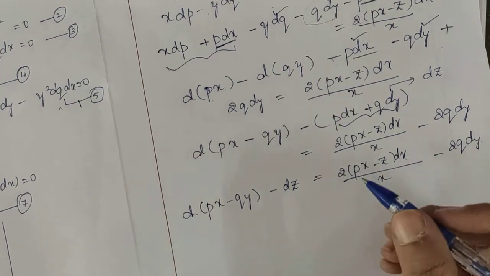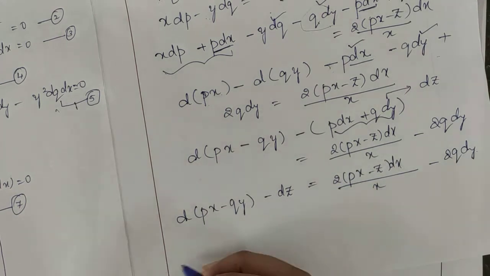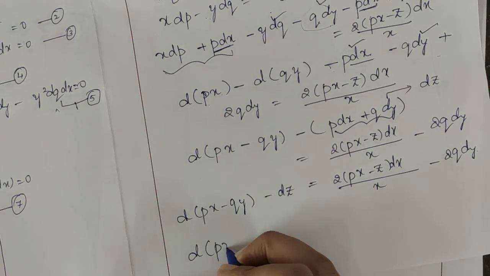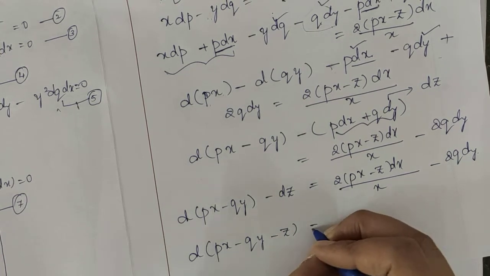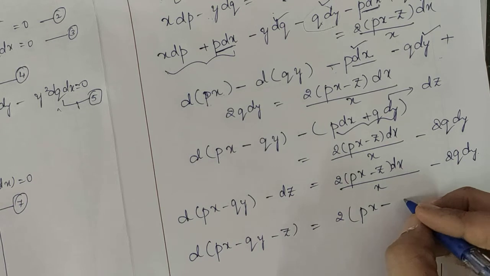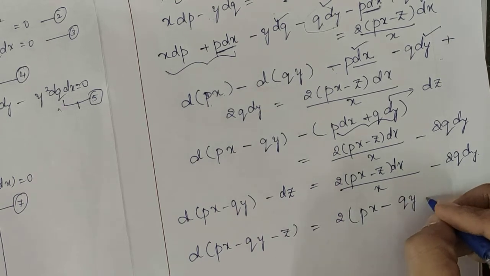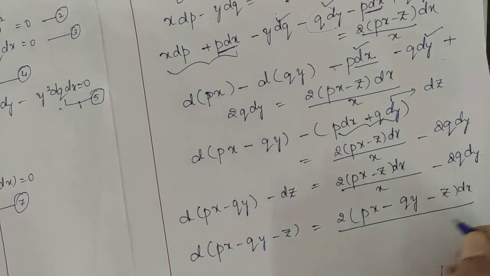Okay. So now after simplifying all this, you will get d of (px minus qy minus z) is equal to 2 times of (px minus qy minus z) into dx whole divided by x.